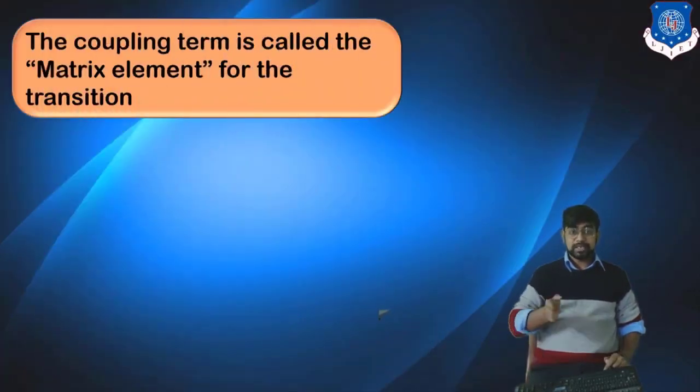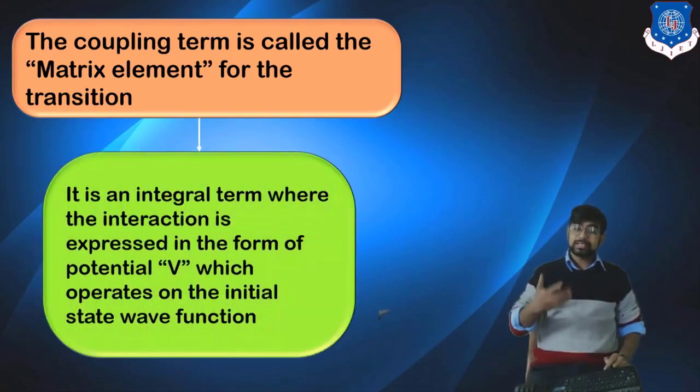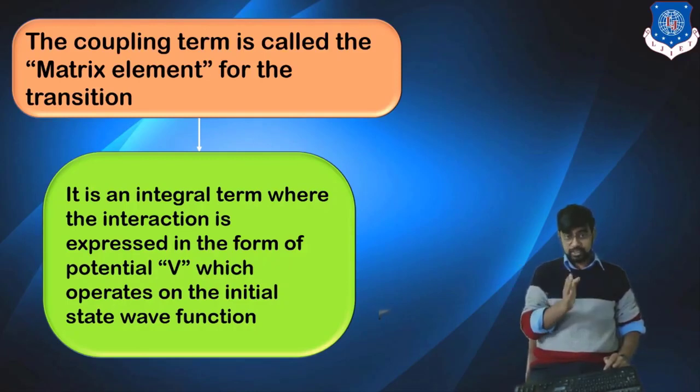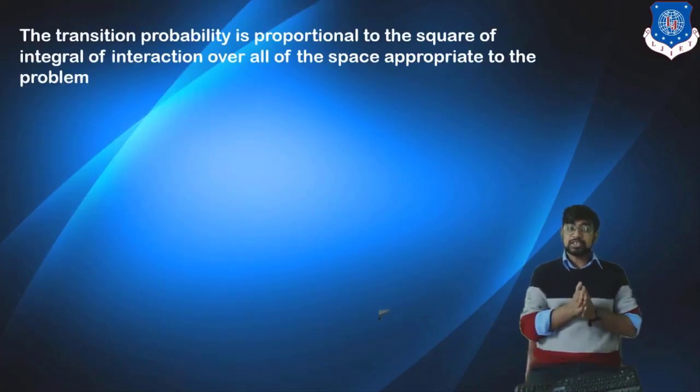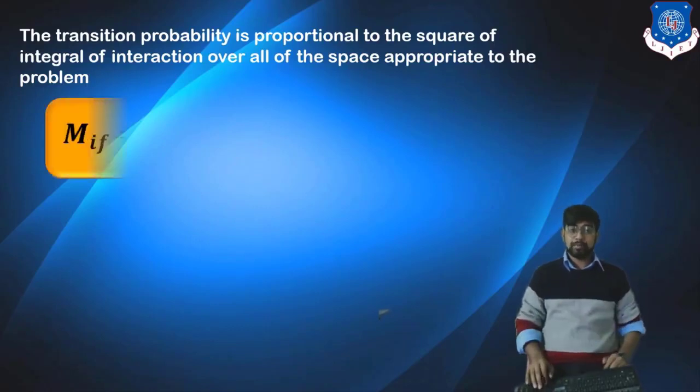The coupling term is called the matrix element for the transition. Now what does that mean? It is an integral term where the interaction is expressed in the form of potential, that is V, which operates on the initial state wave function. So the transition probability is proportional to the square of the integral of the interaction over a space appropriate to the problem.